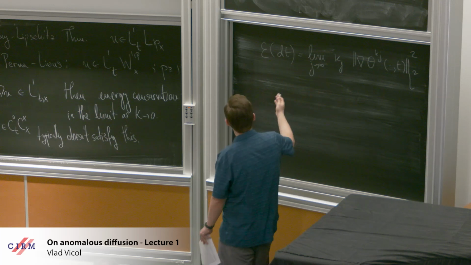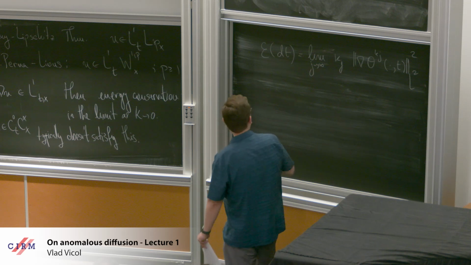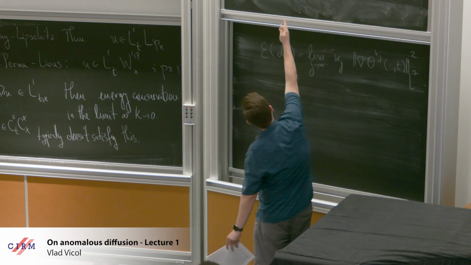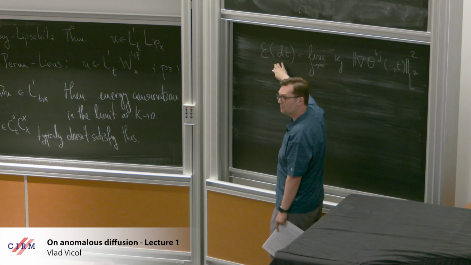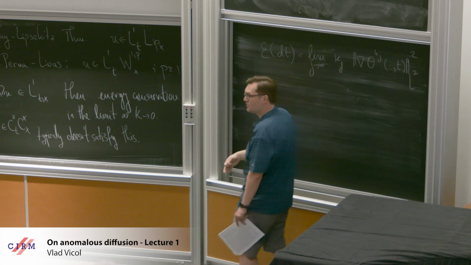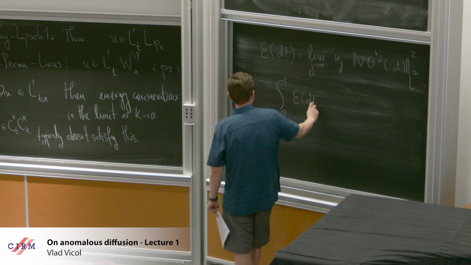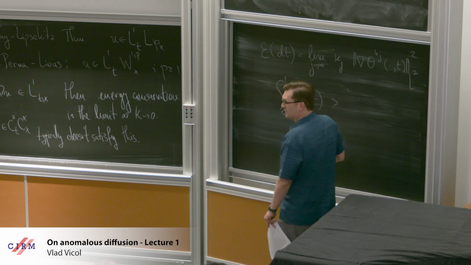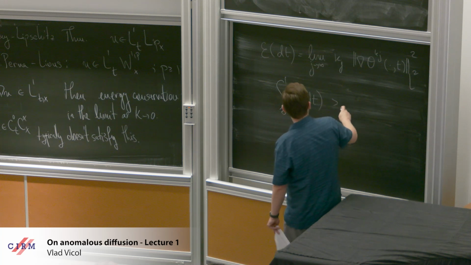Okay, so you may get a priori different measures for different subsequences. What's written there is just the integral of this measure. So for instance, anomalous dissipation at time 1 is equivalent to the fact that this is positive, right?